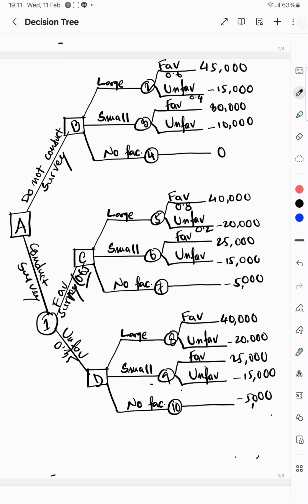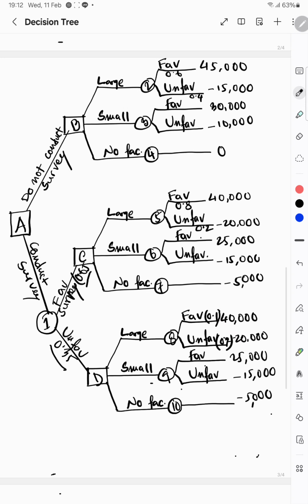You can write the same 0.8 and 0.2 here. And here the probability of an unfavorable study is 0.35, and when the study is unfavorable, the probability of a favorable market is only 0.1, and the probability of an unfavorable market is 0.9. Let me put it in brackets so that we don't get confused with other things.